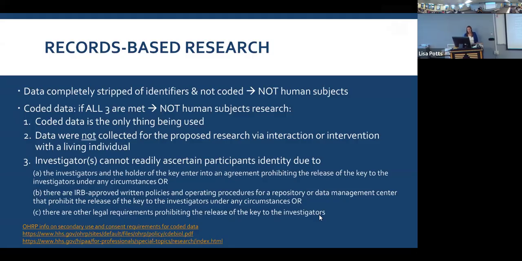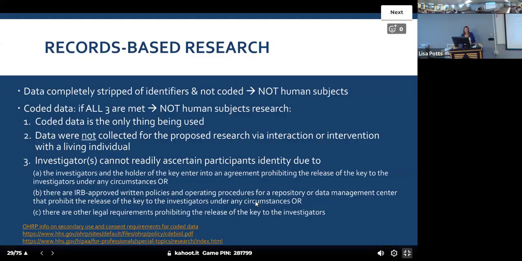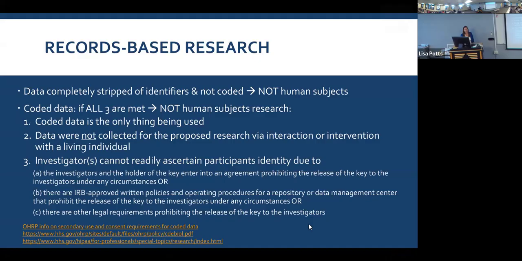But then there are some other stipulations here as well, where coded data may still fall into that category as not being human subjects research.